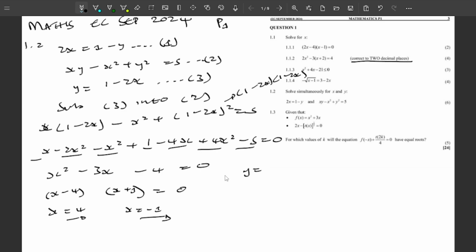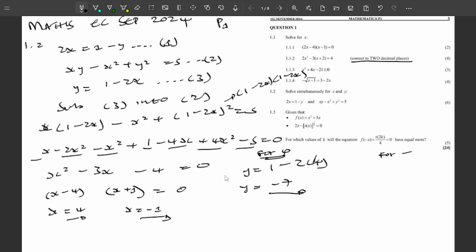So we're going to say y equals 1 minus 2 and input 4, so y for x equals 4. You should get the value of minus 8, and then plus 1, which is minus 7.